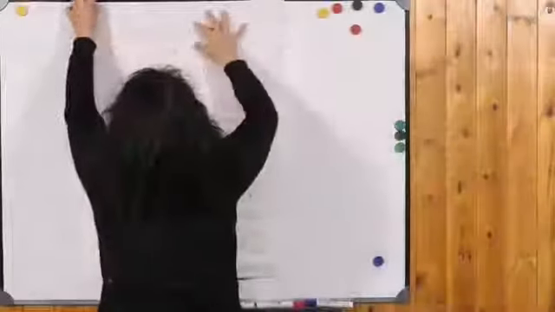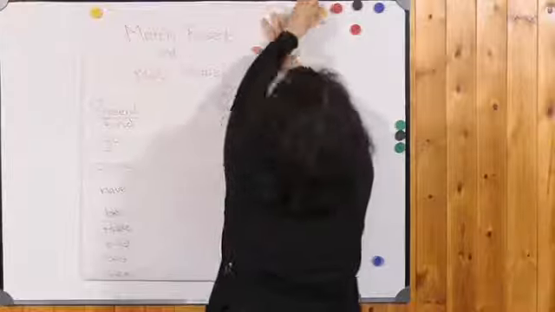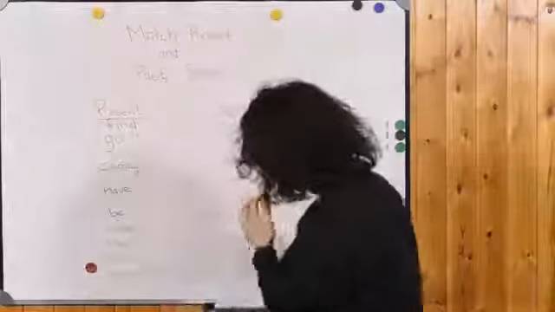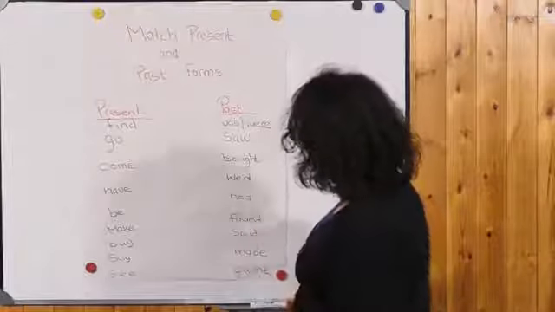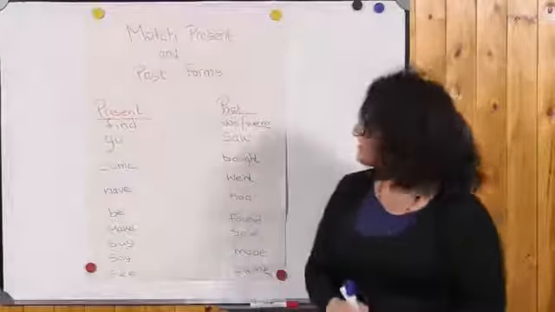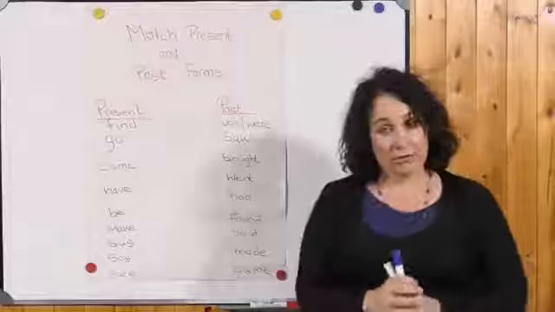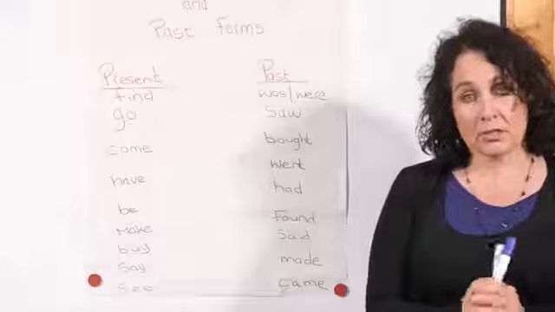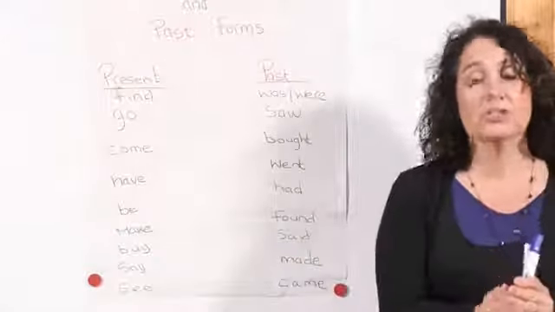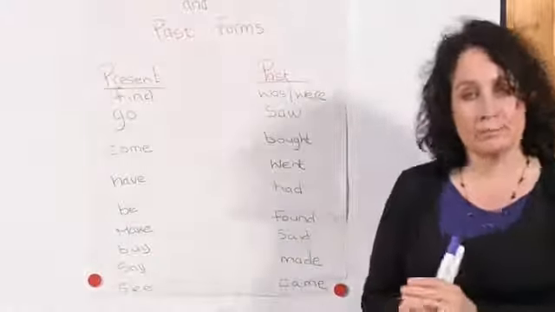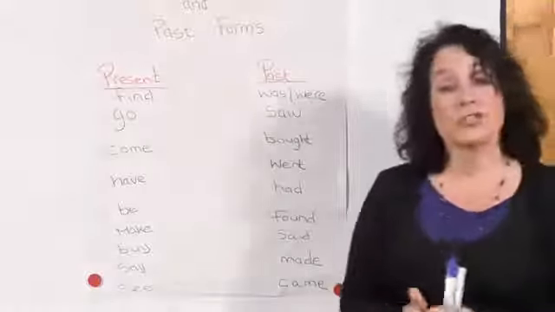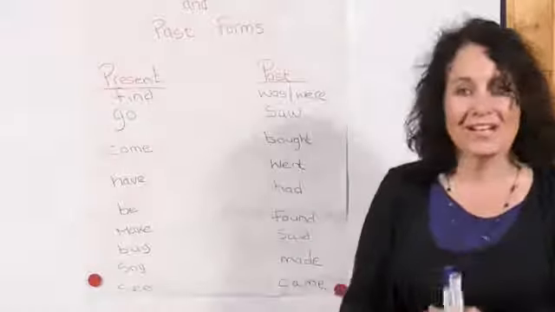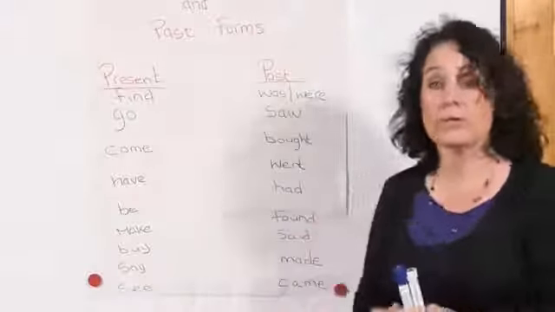So, let's have a look. Okay, so irregular verbs in the past are different words to the main verb, okay? And there are some very common, everyday irregular verbs, okay?